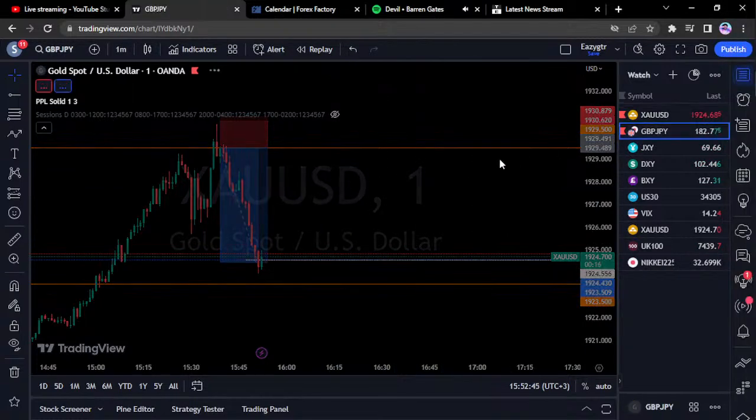So you can move back to GJ and monitor what GJ is doing.